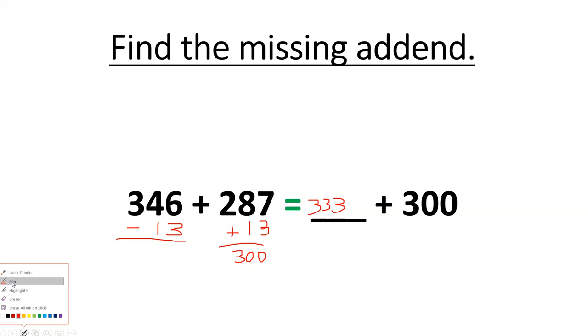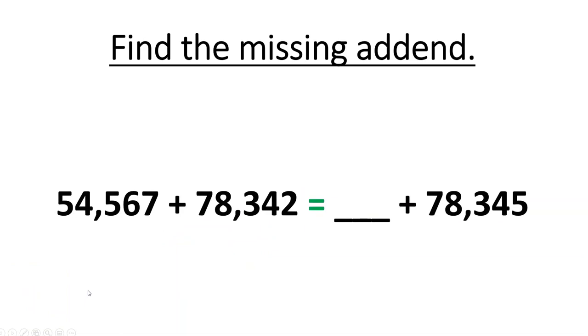Hopefully you got the same answer. Look how easy and fast this kind of work is. Big numbers, don't be scared. So this is 342. So I need 3 more from here to make it 345.